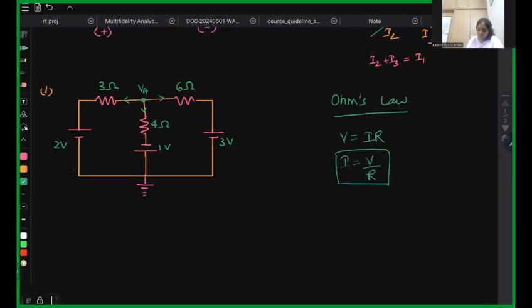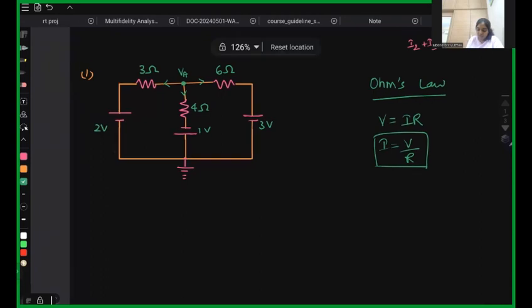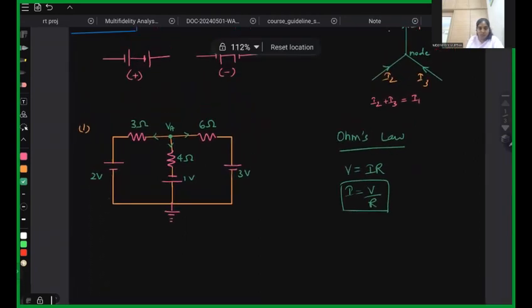So I is equal to V by R, and here we can see that the voltage at A is at higher potential, and here it is at higher potential. The middle branch is at lower potential, and the last branch is at higher potential. So we'll write according to the notations which we have given before.